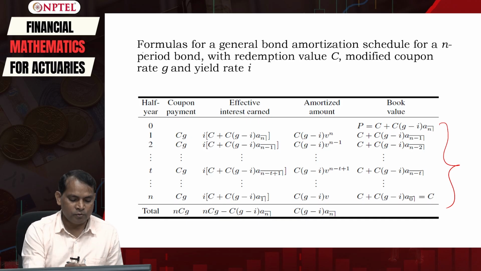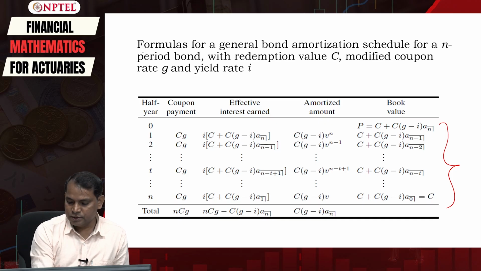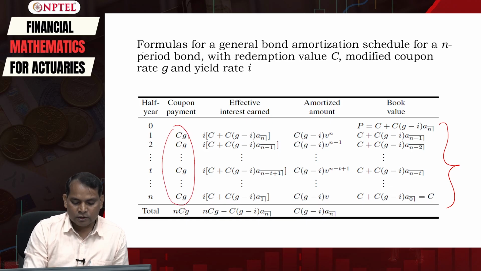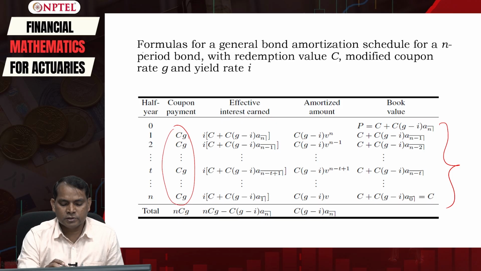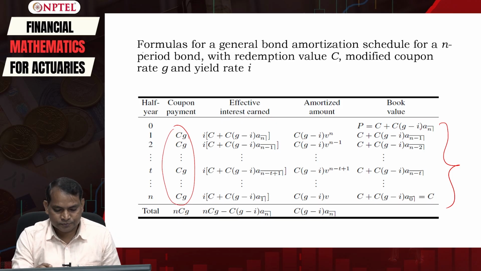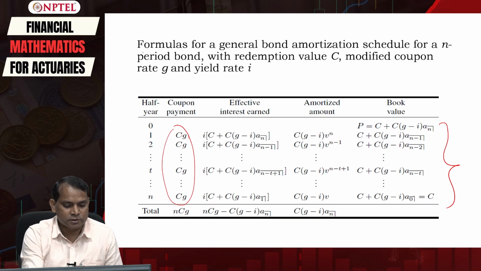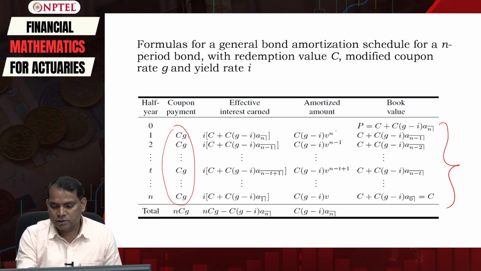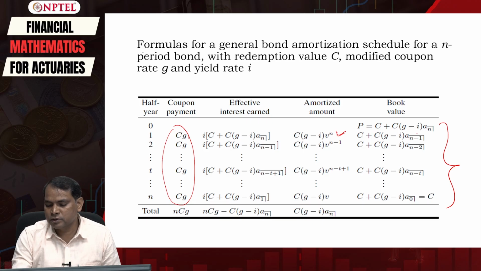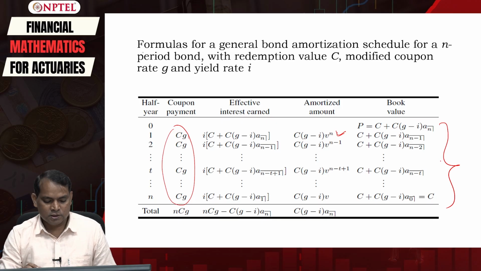The coupon payment is CG, where G is the modified coupon rate, and therefore this will be the same for all periods. The effective interest is I times this book value. Then the amortized amount is this one minus this one, and then this value will be this one minus this one. The rest are exactly the same.